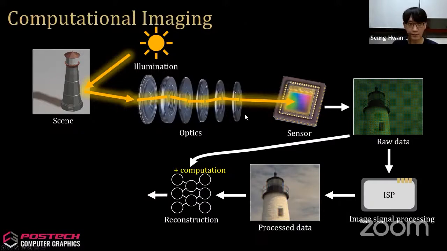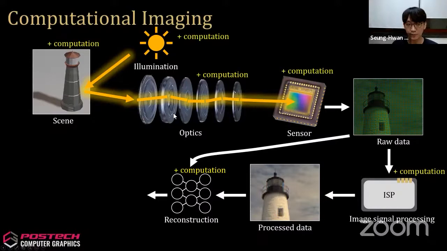What I'm interested in here in this pipeline is, instead of putting computation only as a post-processing unit, to put computation into all different aspects: the illumination, scene, optics, sensor, raw data, and the other parts as well.